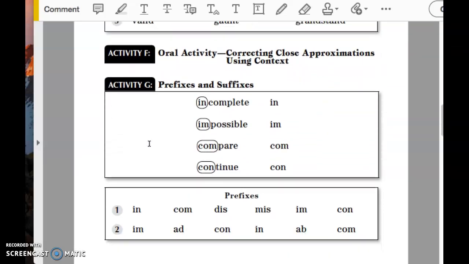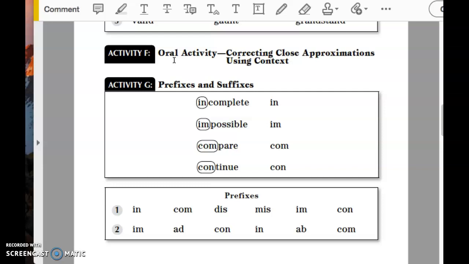Really quickly before we move on, we need to cover activity F, but there's nothing to do for activity F. You just need to listen. Sometimes when we read long words, the word doesn't sound right. We have to change the pronunciation of the word so it makes more sense in the sentence. Let's see if you can change these words to make sense in the sentence. Listen carefully.